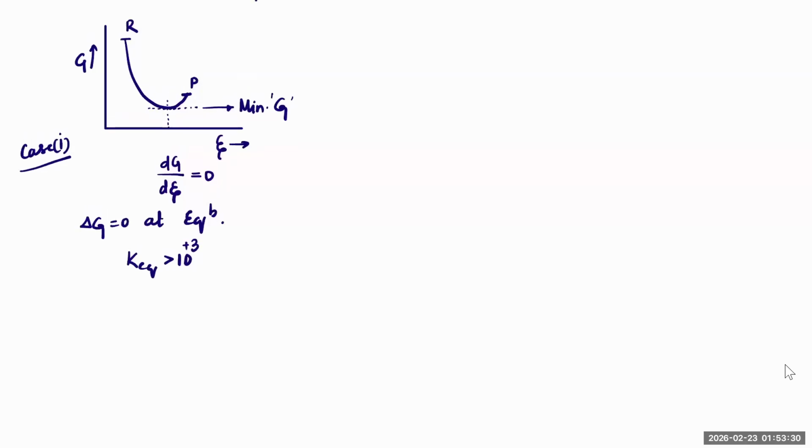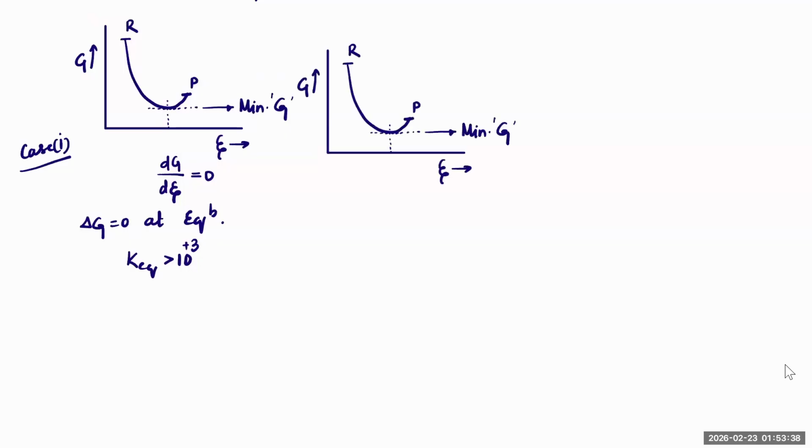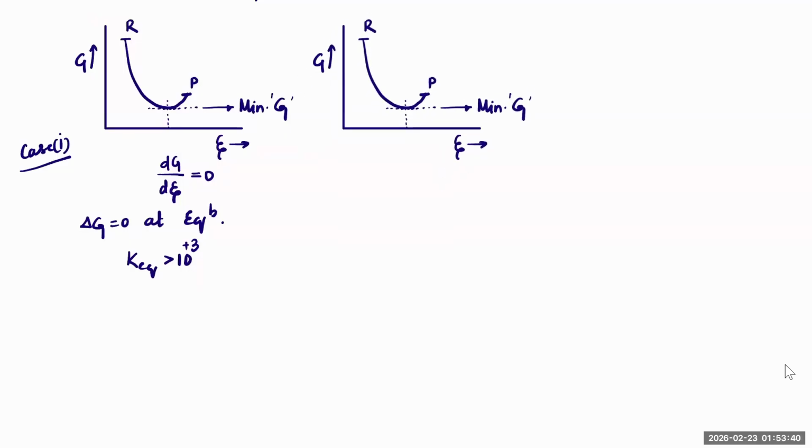Reason being, reactants have much higher free energy compared to that of products. Similarly, if I plot another case here, which let us call case 2, in this case the reactant's energy is very less, but the product's energy is very high. Reactant versus product, the logic is the same. Delta G with respect to the reaction progress is 0 at the minimum point here.